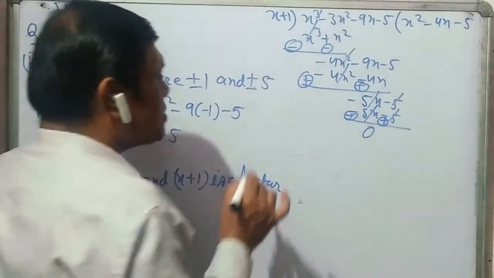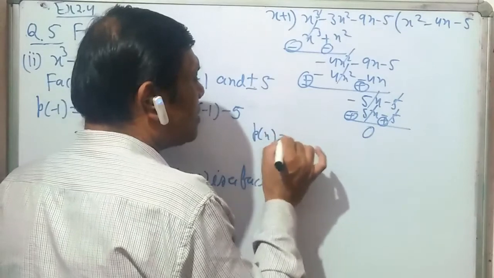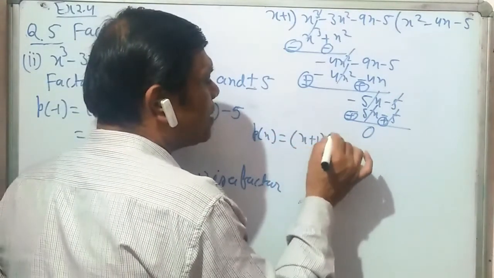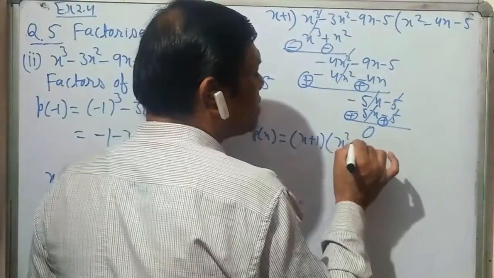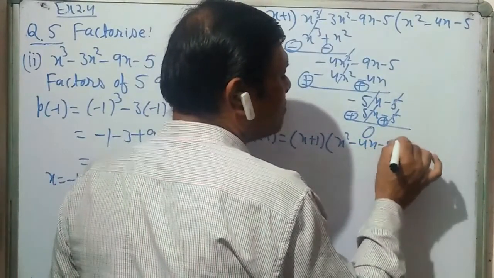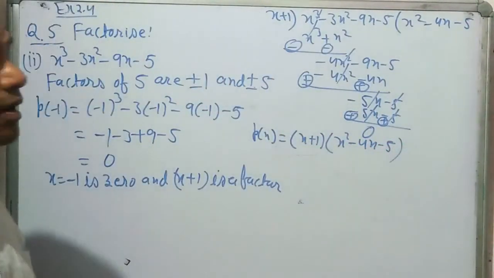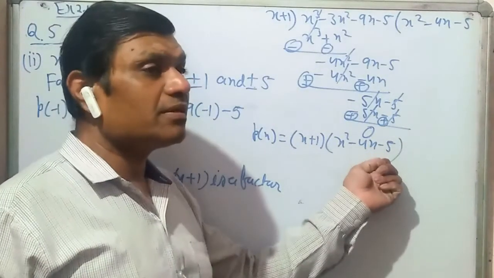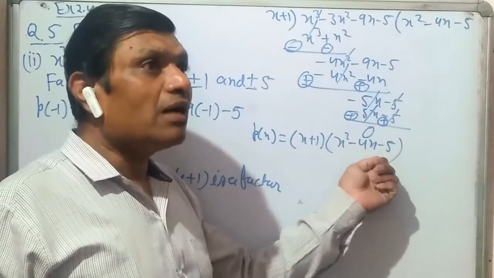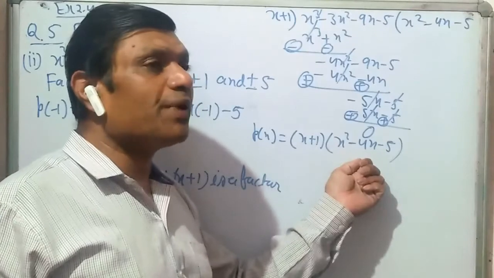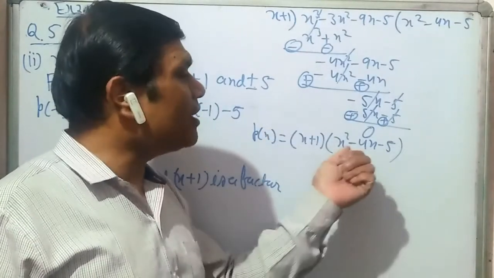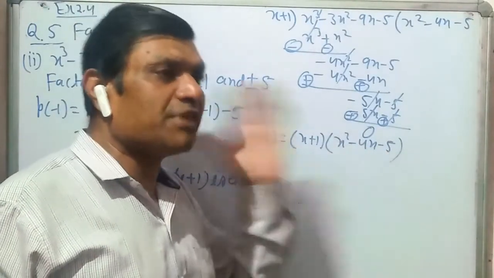So what we have is p(x) equals x plus 1 into x square minus 4x minus 5. Now again the product required is negative. That means the middle term should be split as a difference. We'll take minus 4x as minus 5x plus x.